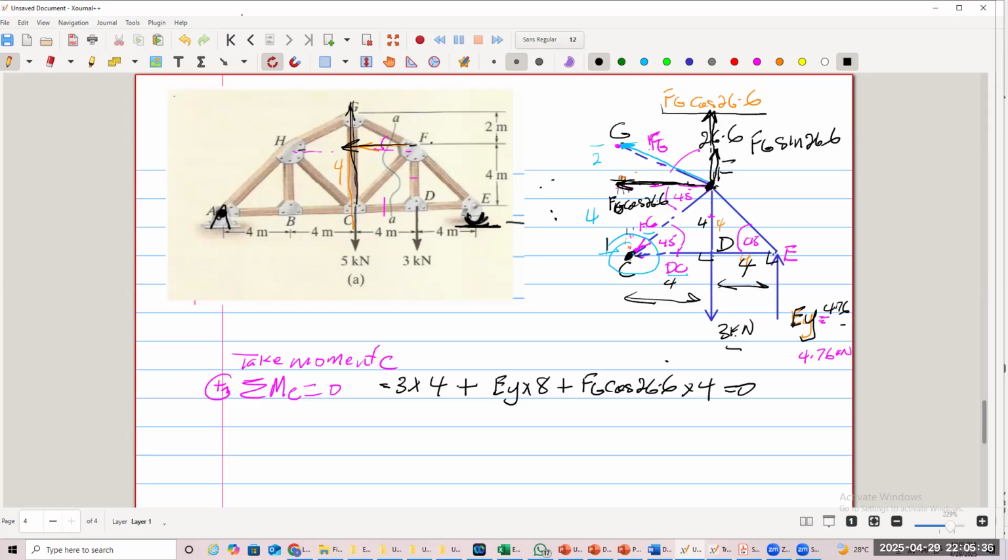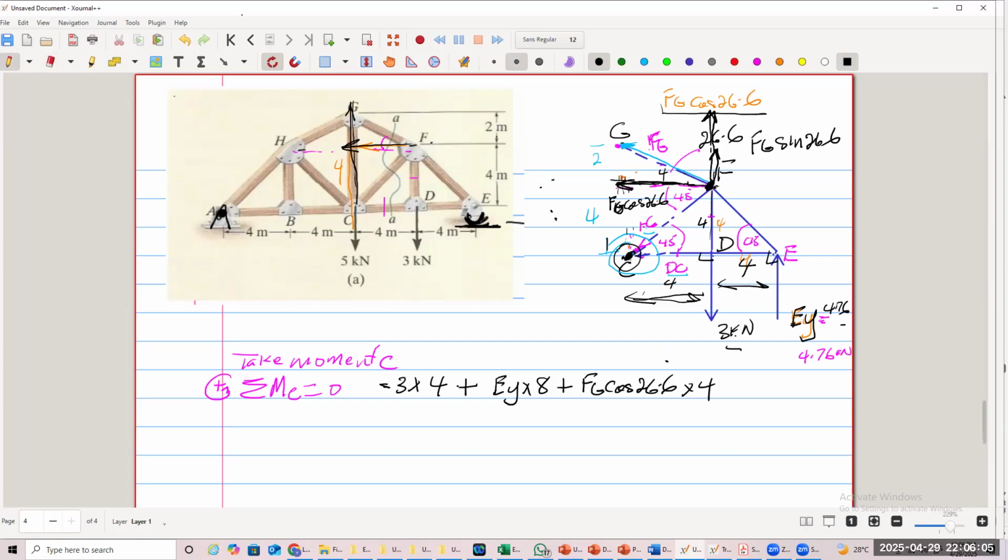If it goes that way from C, its perpendicular distance is going to be 4. See the 4 down here? It's acting this way, and its perpendicular distance is this distance here. It's operating around here, but its effect is from here. So we're going to have to put that in the problem. Can't leave that one out.